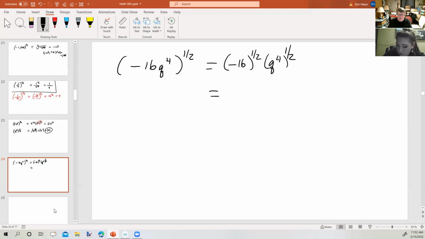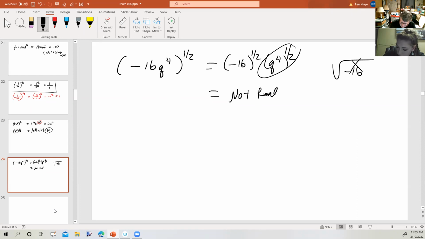So what would -16 to the 1/2 power equal? It's not real, because that's like taking the square root of a negative number. No can do. So it doesn't really matter what this is. If any part of it's not real, the whole thing's not real. Okay.